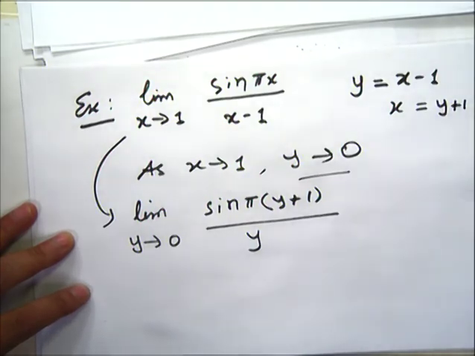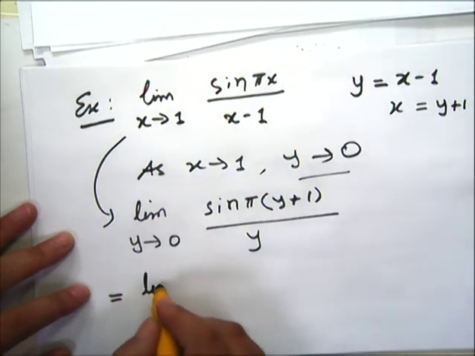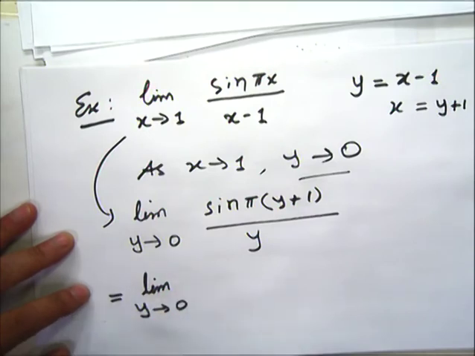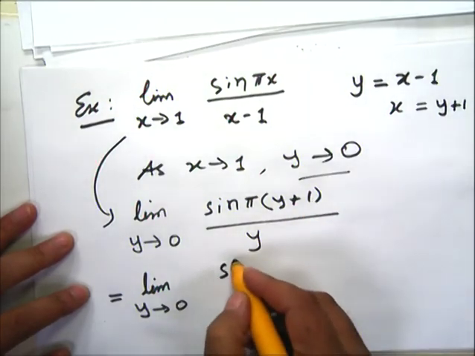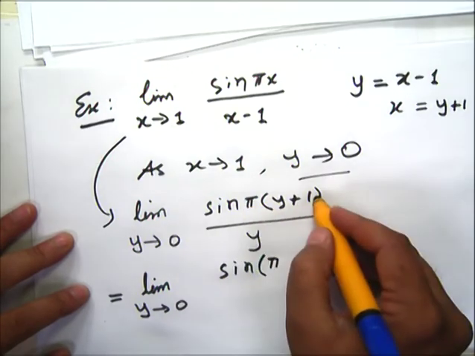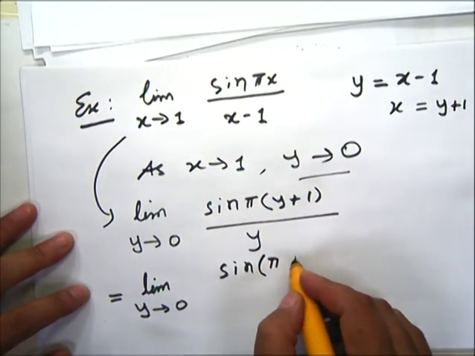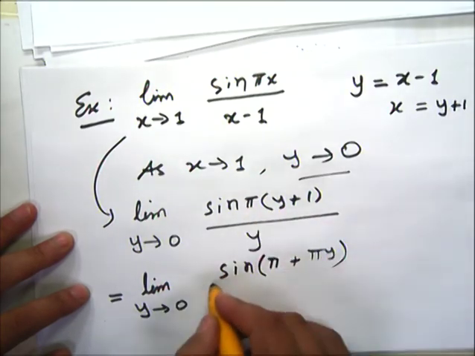So this is equal to limit y tends to 0. So this is what we can write now: sin of pi, pi into 1 is pi, and plus pi y, upon y.